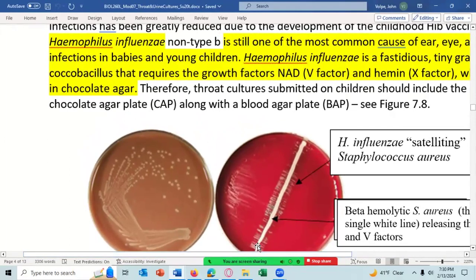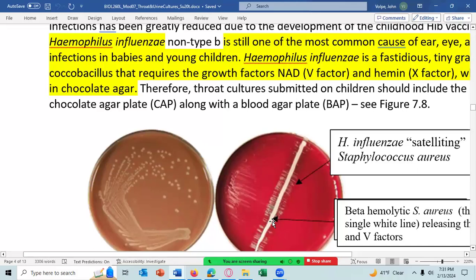And then you streak the Haemophilus influenzae parallel to it in this region here. And you'll note that in this region of the plate, there is no growth of the Haemophilus influenzae. The only growth of Haemophilus influenzae is near the Staphylococcus aureus.